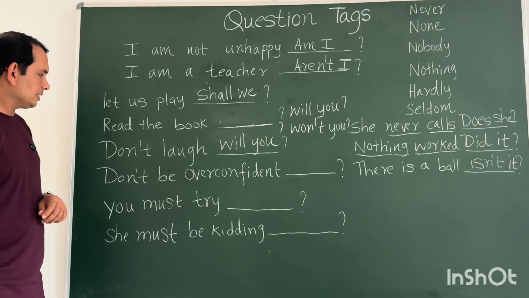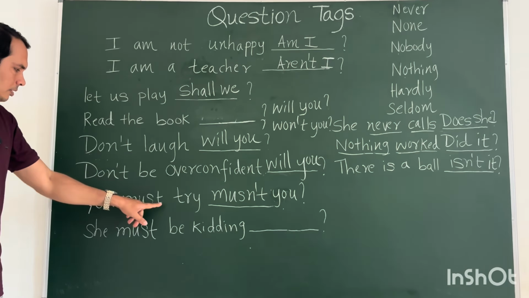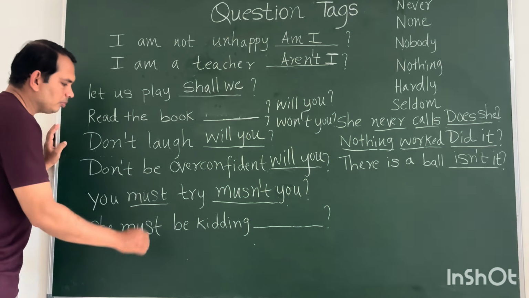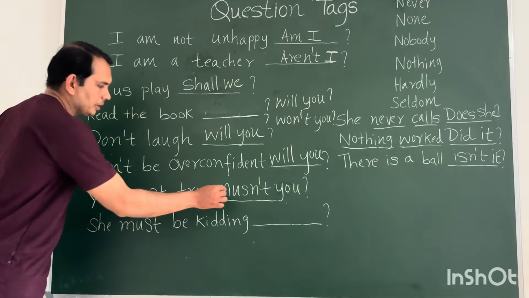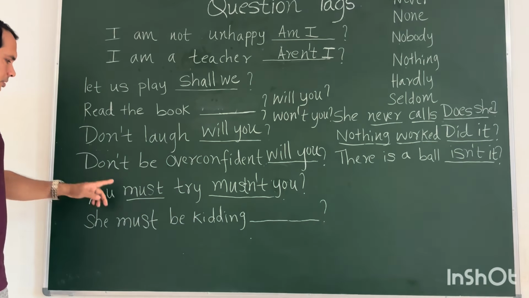You must try. What is the question tag? Mustn't you? Mustn't you is the answer. It's not very tough because the modal auxiliary must is here. We write the same: we write must first. Since this is a positive sentence, we add not and the subject.